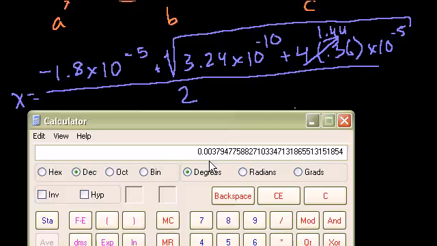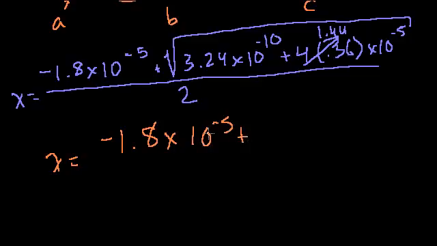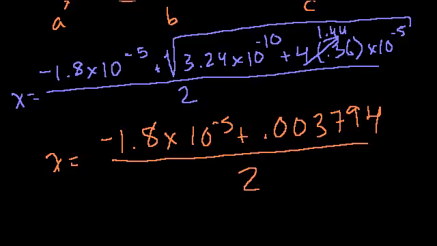So I get 0.00379. So I'll switch colors. So I get x is equal to minus 1.8 times 10 to the minus 5 plus 0.00379, all of that over 2. Let's do the math.